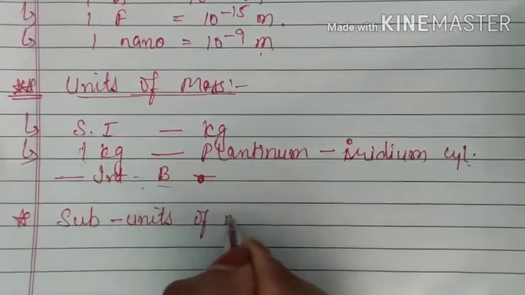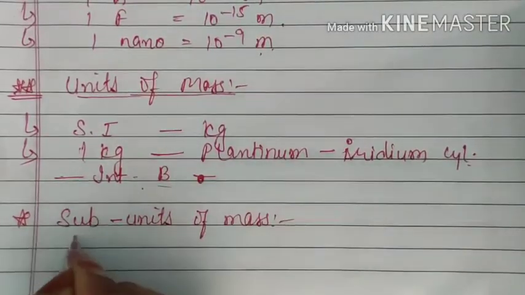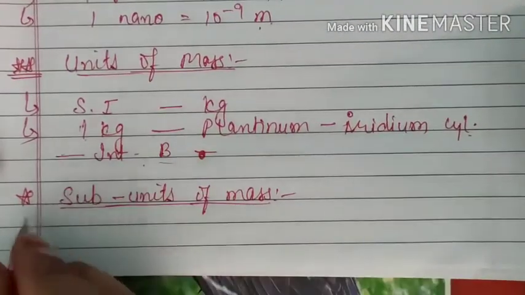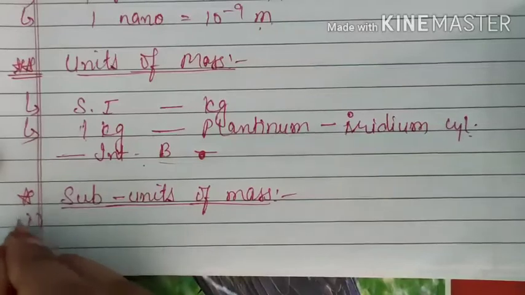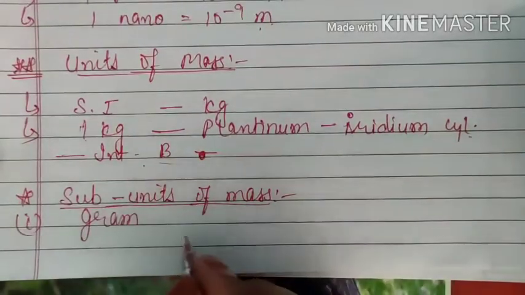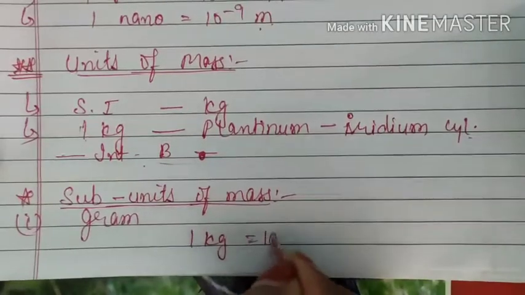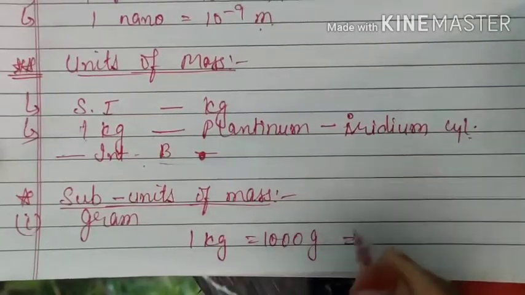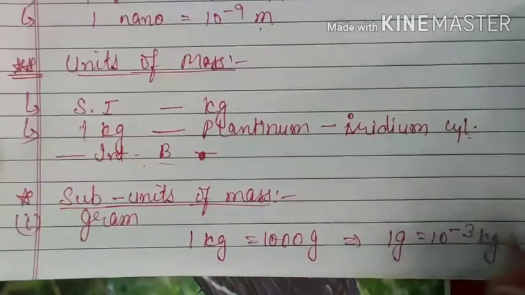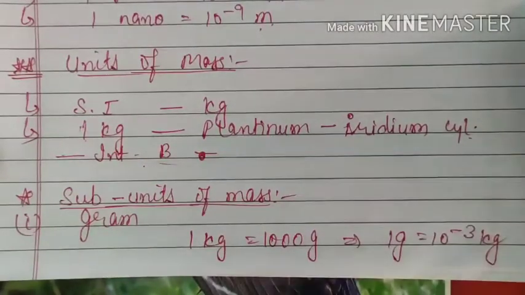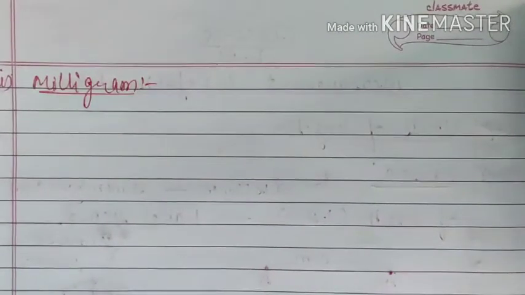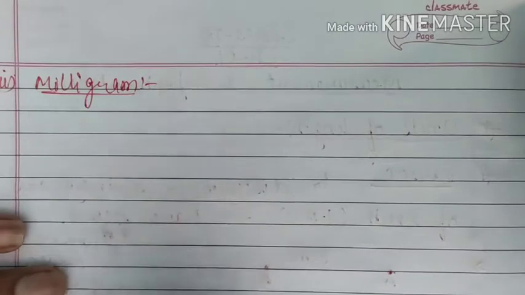Now we have to see some subunits of mass. Here we have taken kilogram as SI unit. So the first one will be gram. No need to explain much, because we already know the relation, that is 1 kilogram is equal to 1000 grams, or in other words we can say 1 gram is equal to 10 raised to power minus 3 kilogram. Second is milligram. As we have already learned the prefix, milli means 10 raised to power minus 3.